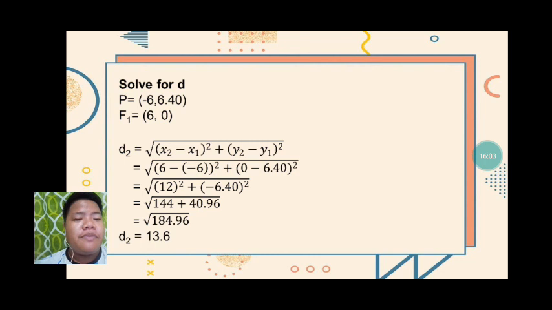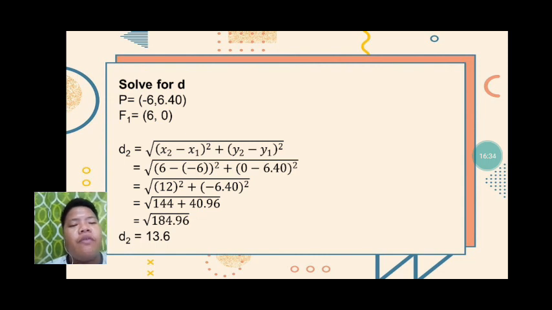Just simply substitute the given values. Square root of the quantity 6 minus negative 6 squared plus 0 minus 6.40 squared is equal to the square root of 12 squared plus negative 6.40 squared is equal to the square root of 144 plus 40.96 is equal to the square root of 184.96.